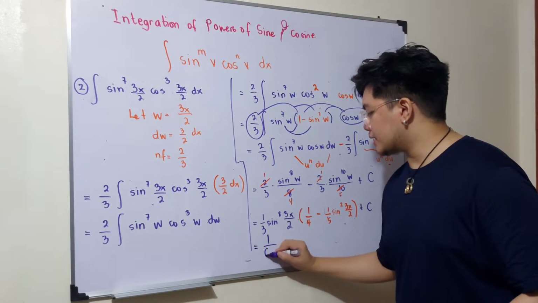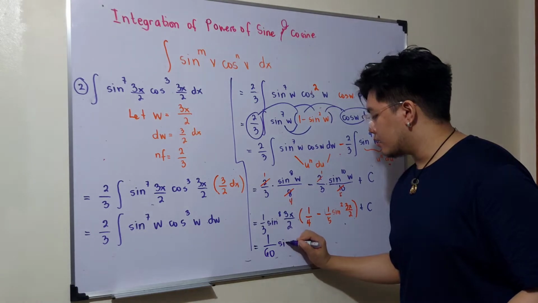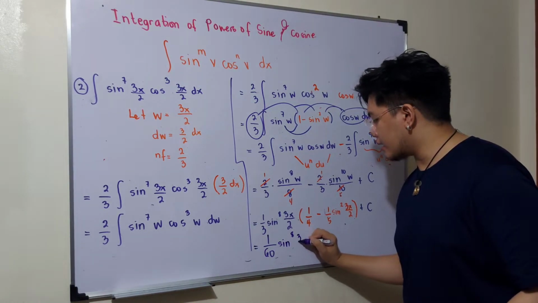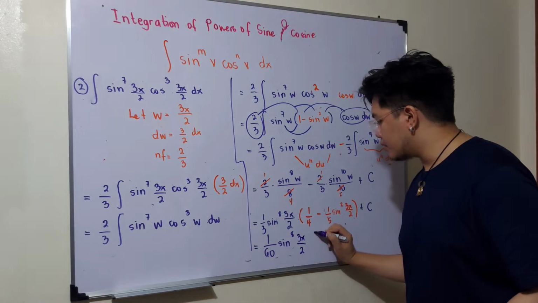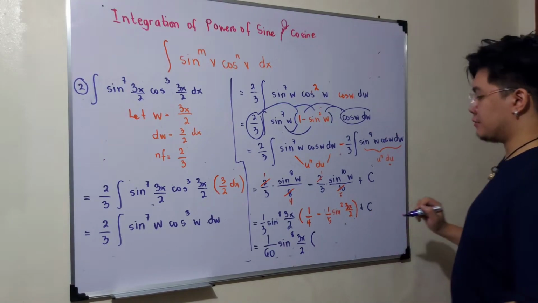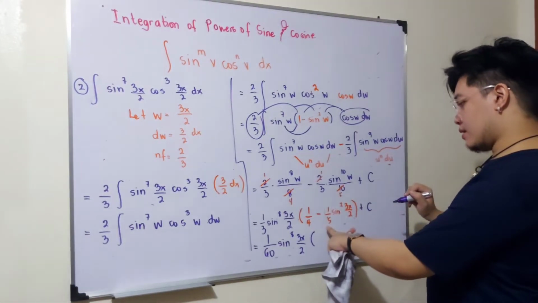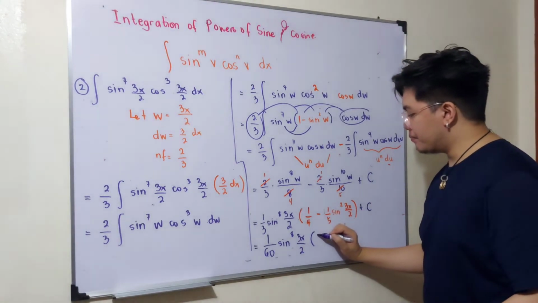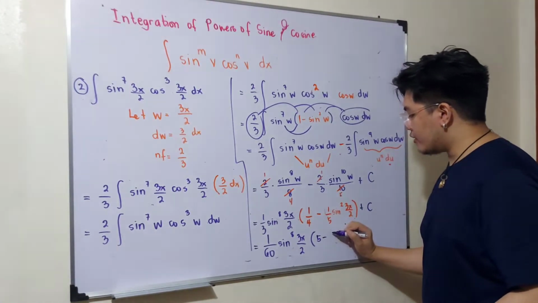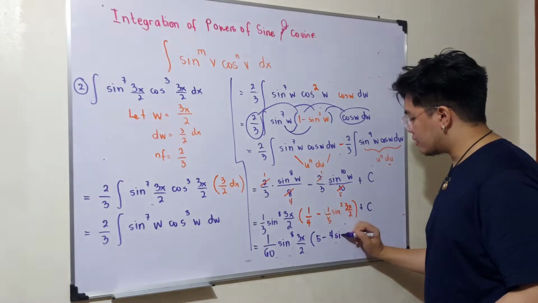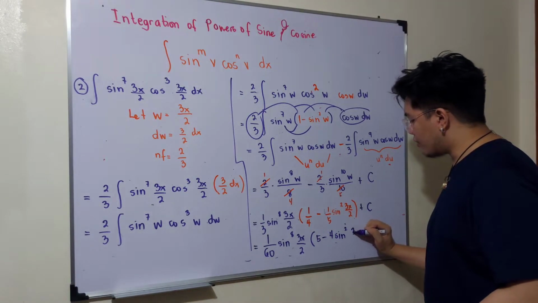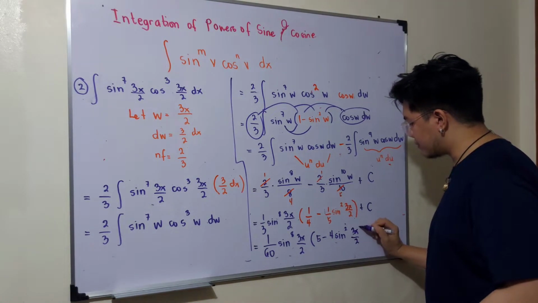So magiging 1/60 sine raised to 8 ng 3x over 2. So, times 5 minus 4 sine squared of 3x over 2 plus.